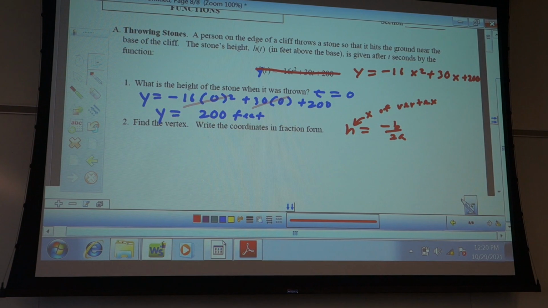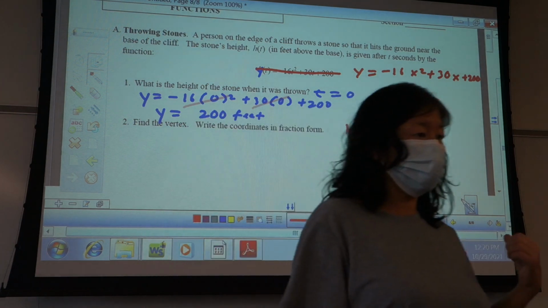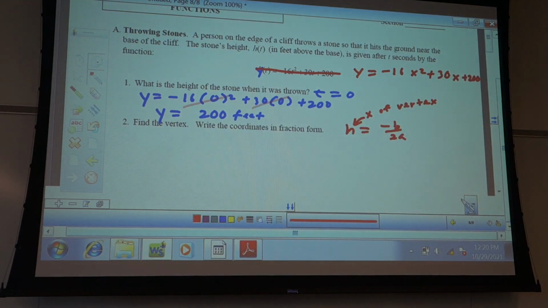What's my A, what's my B, what's my C in this problem? Now plug it in here to find the h.